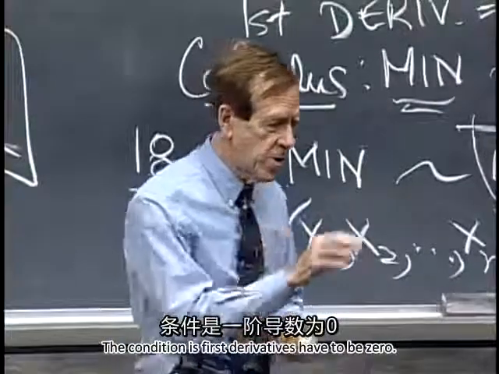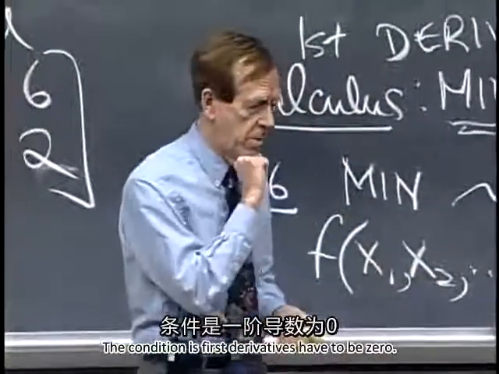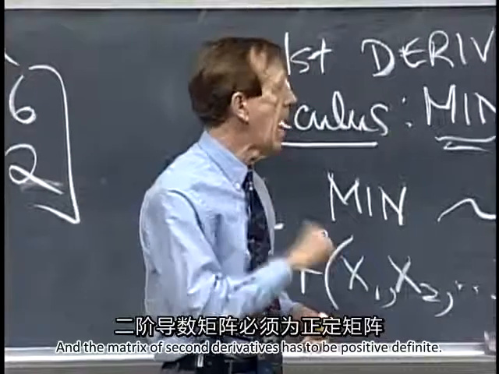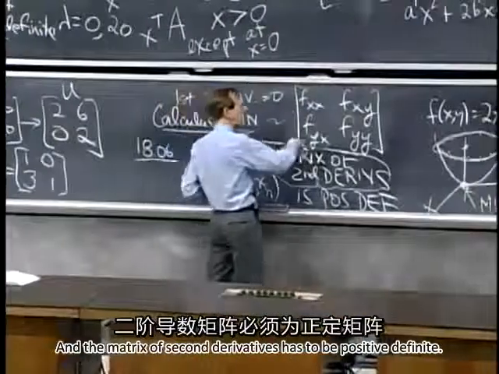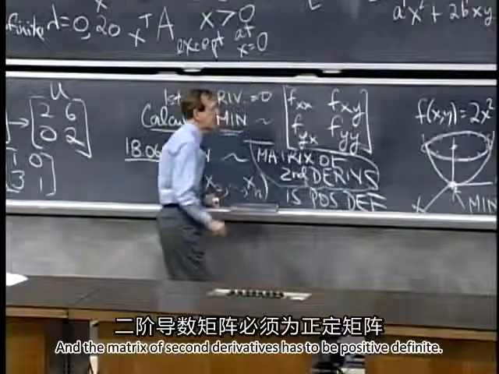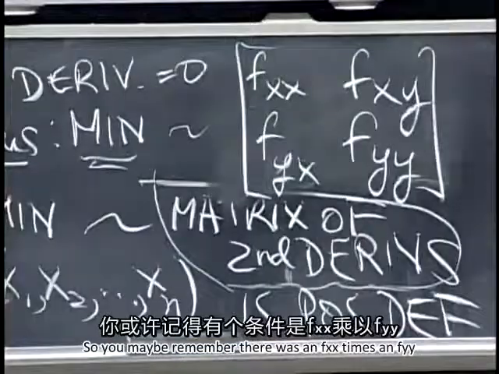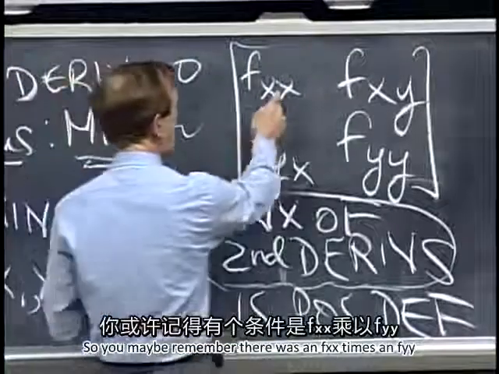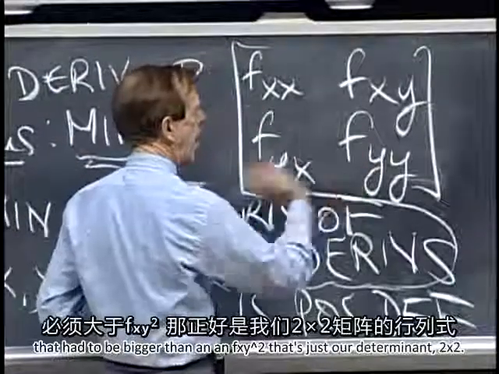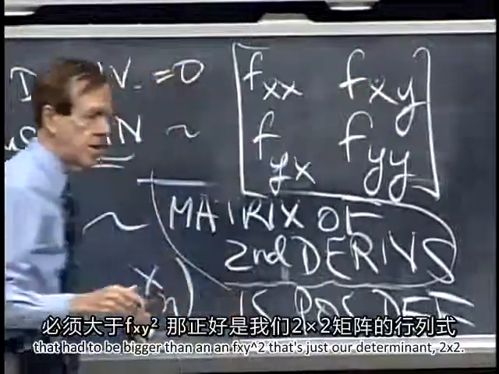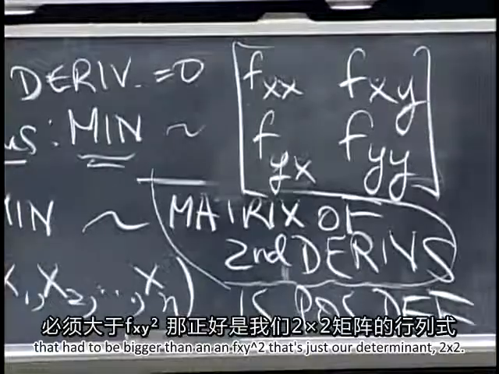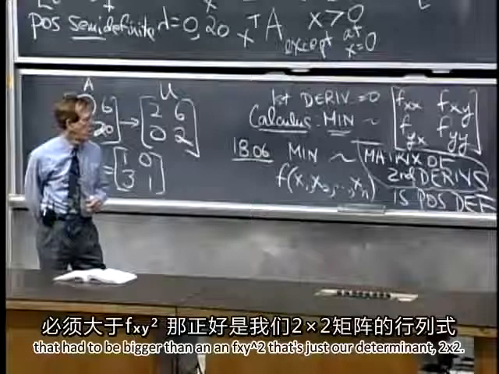The condition is first derivatives have to be 0, and the matrix of second derivatives has to be positive definite. So you maybe remember there was an fxx times an fyy that had to be bigger than an fxy squared. That's just our determinant 2 by 2.